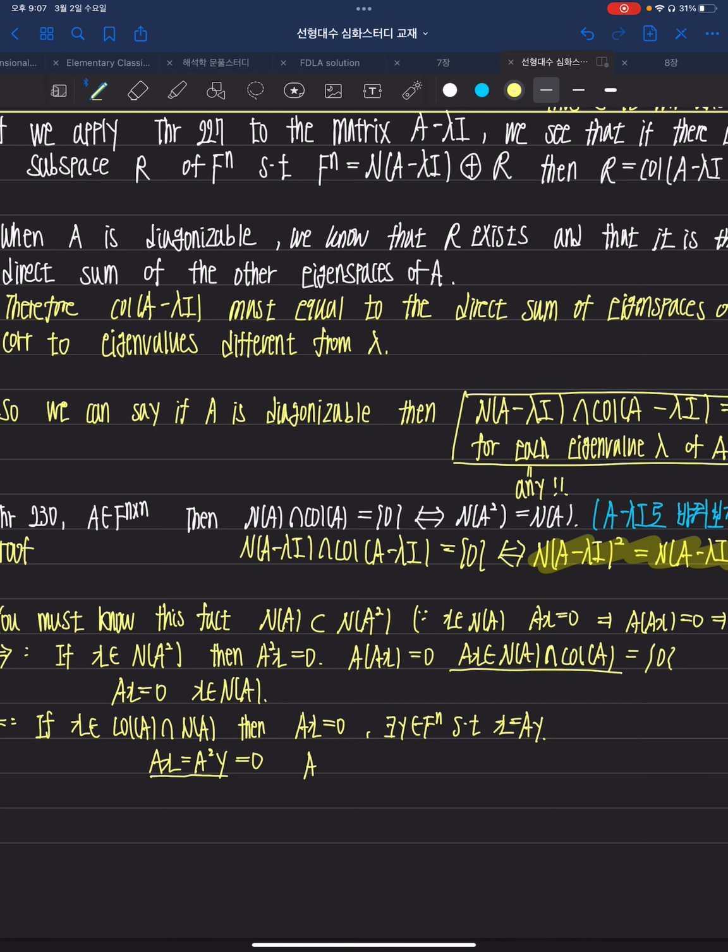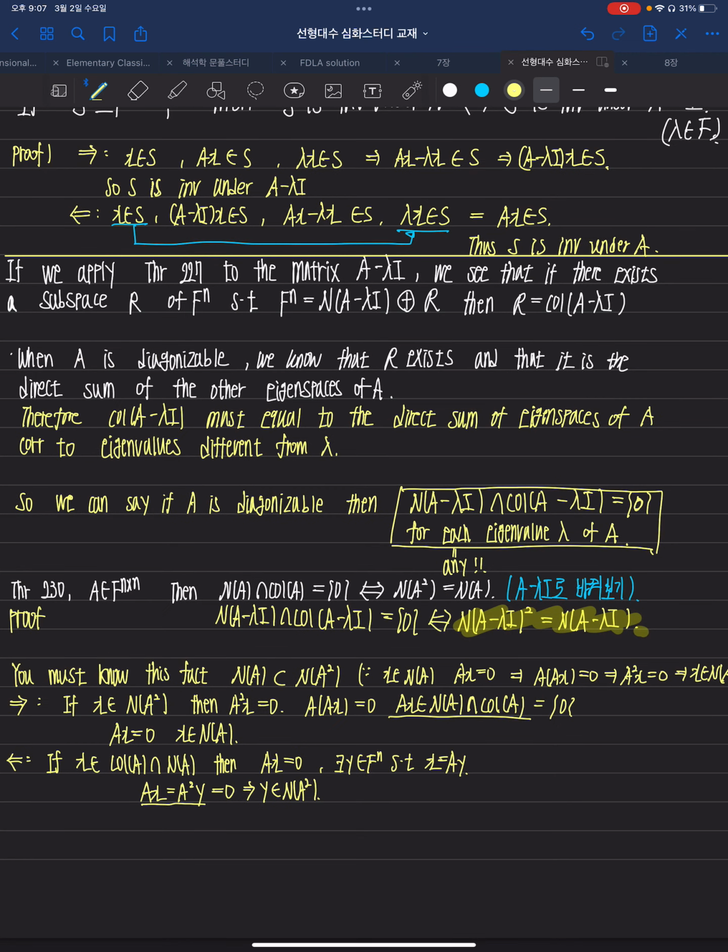So Y is an element of the null space of A squared. I must show X is 0.